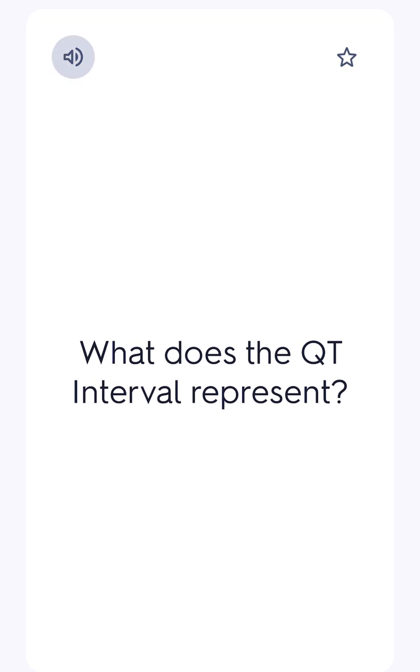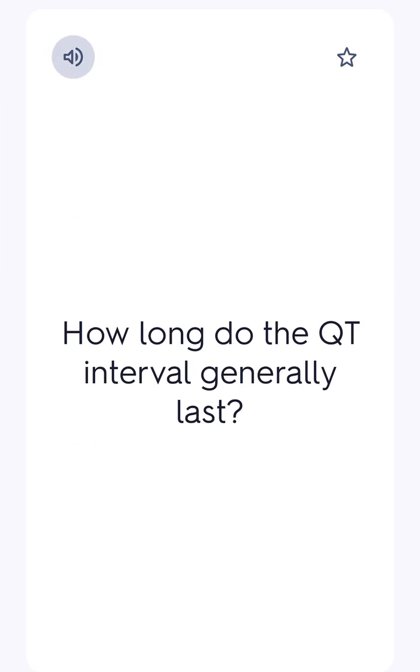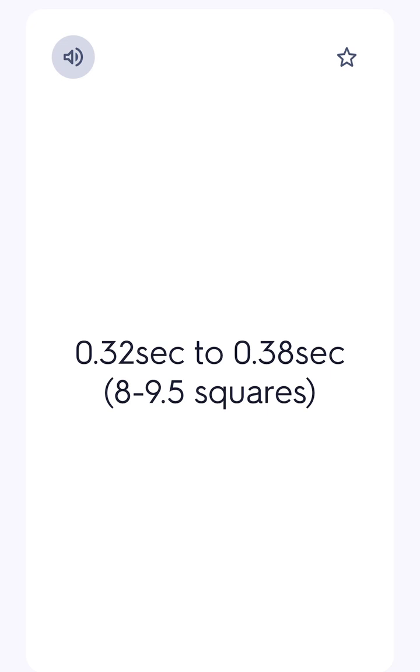What does the QT interval represent? Total ventricular activity, time from ventricular depolarization to repolarization. Measured from beginning of QRS complex to end of T wave. How long does the QT interval generally last? 0.32 seconds to 0.38 sec.